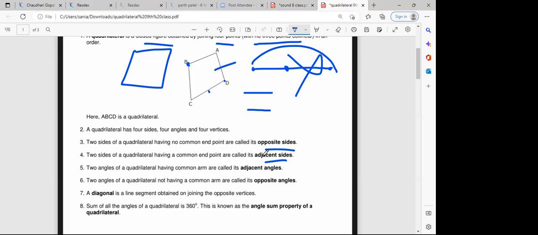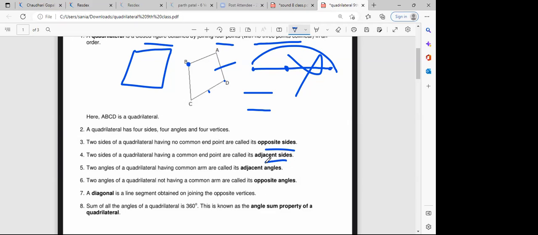So you shift and I adjust there, so your arm is going to touch my arm, because one side of my body touches the person I'm sitting with. So over here you have something common. Similarly, BA and BC have the point B, which is common in BA as well as in BC. So that's why you will say they are adjacent sides.